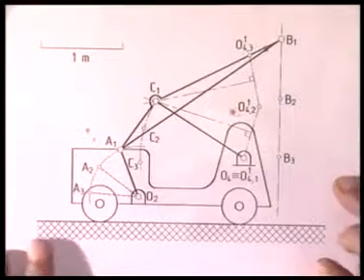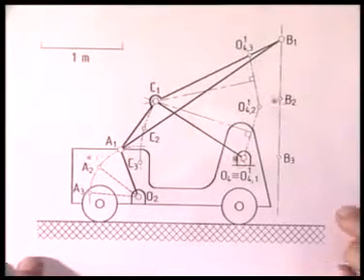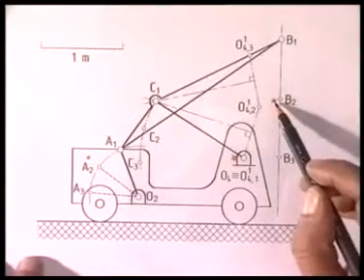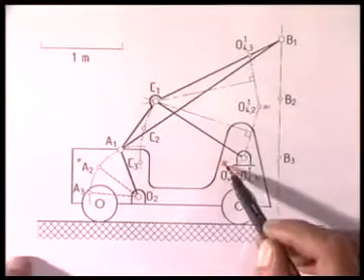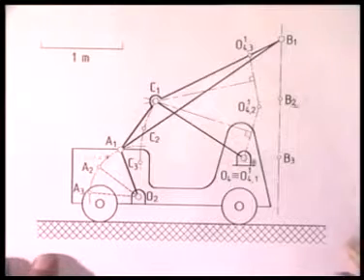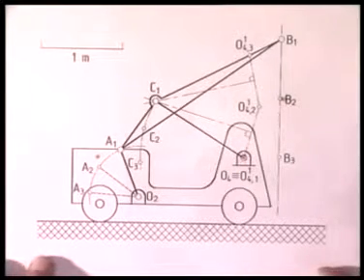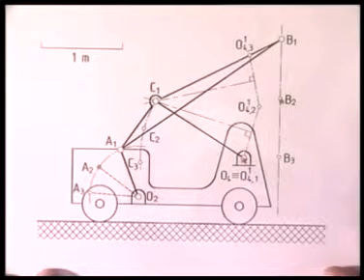So if you remember, this point represents B2, this point represents A2, and this cross represents O4. And they define the relative position of A, B and O4 at the second configuration.